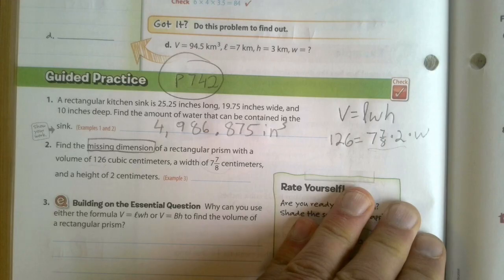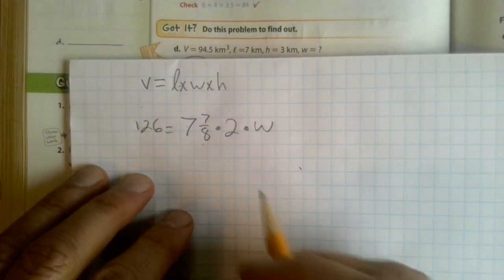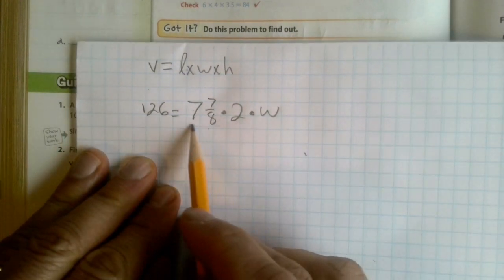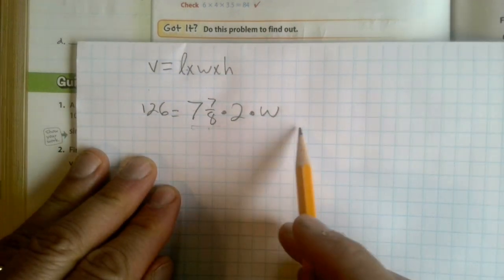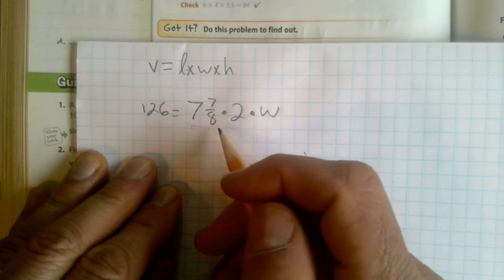Ready, go. Okay, so I just rewrote the problem on this paper just so we have more space to write. There are different ways we can do this. We can convert this to a decimal first and then multiply, but just to try it, let's keep it a fraction.